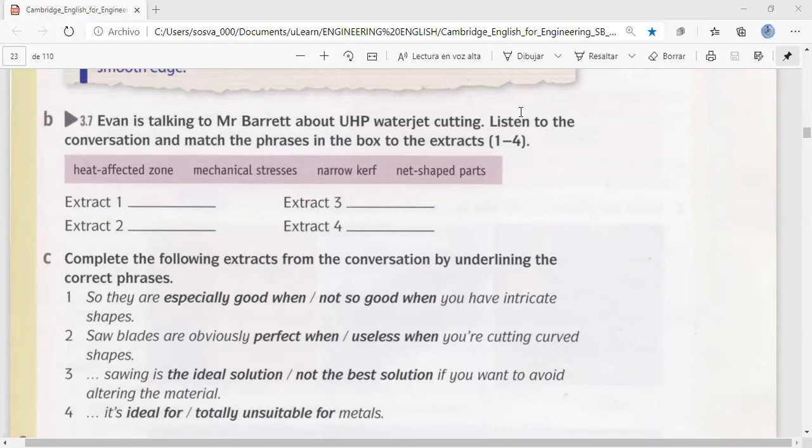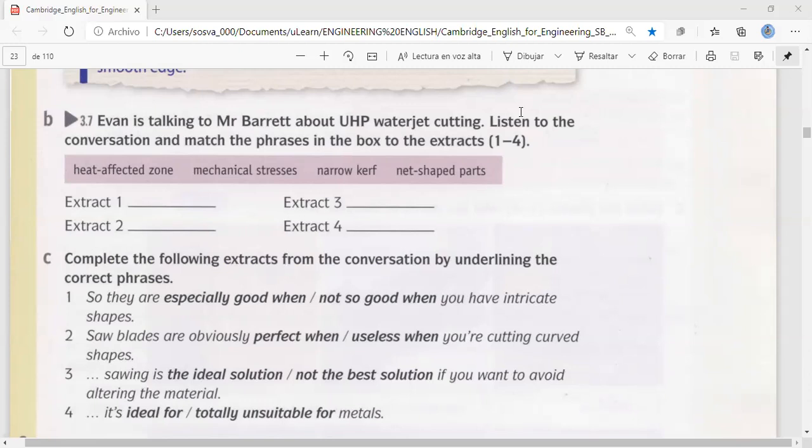Saw blades are obviously useless when you're cutting curved shapes. That's right. When you're using any sort of abrasive technique for cutting metal, it inevitably gets hot. And that can alter the properties of the metal around the cut, which can be a problem in some situations. 3.